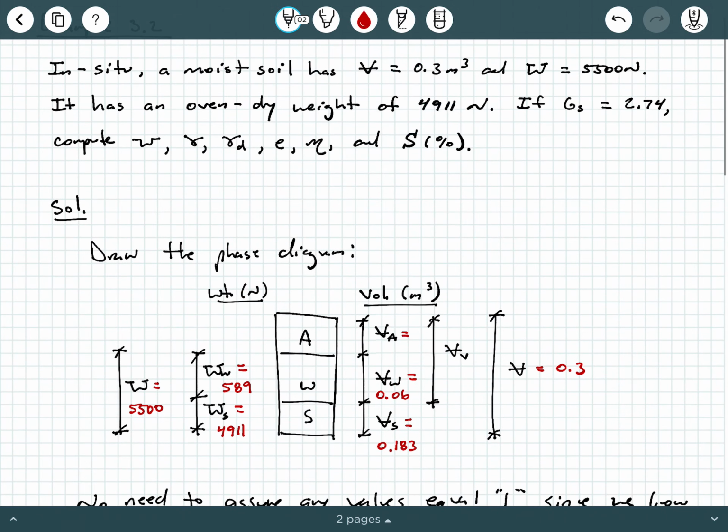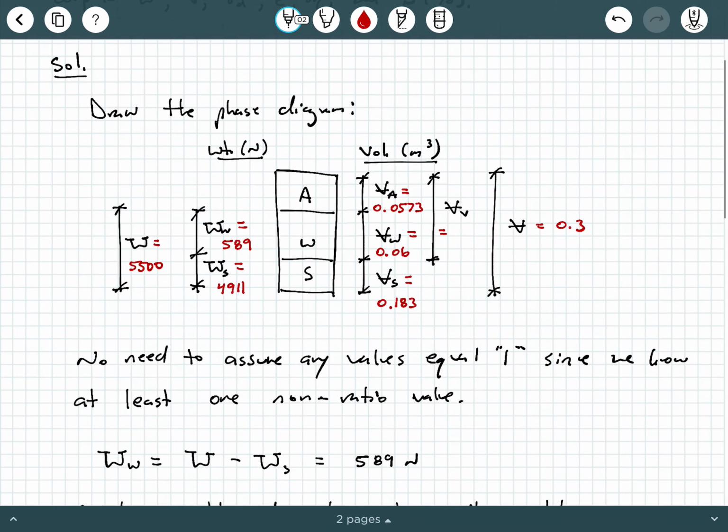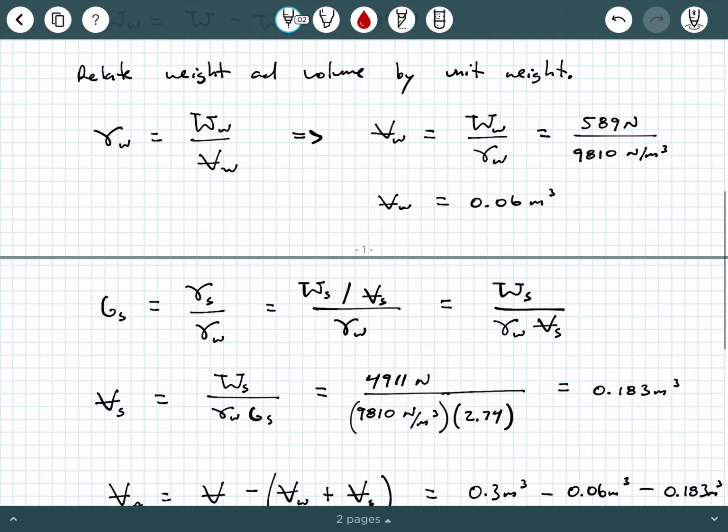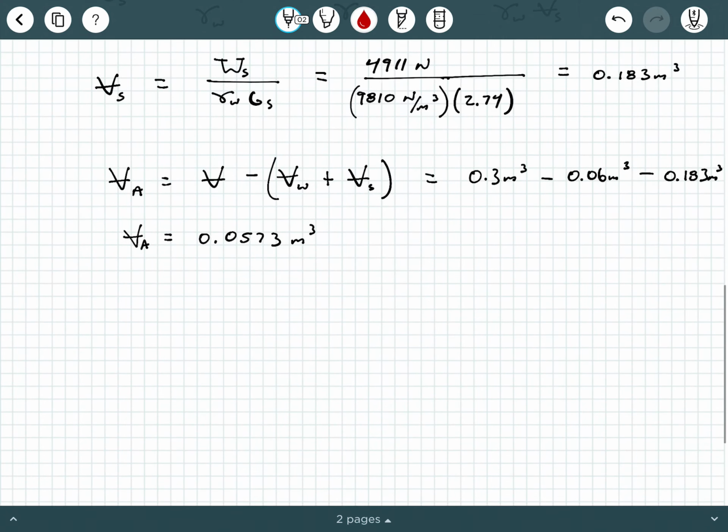Okay. 0.0573. And then my volume of voids, of course, is just the volume of air and volume of water added together. So we can easily compute that as 0.117. Okay. Now, just to be kind of proper and show my work, I'm just going to go ahead and write that out.